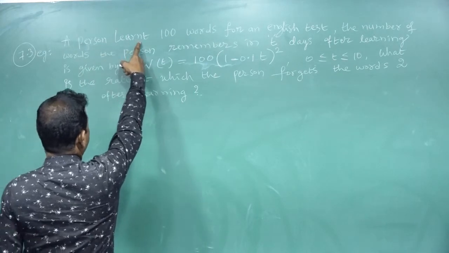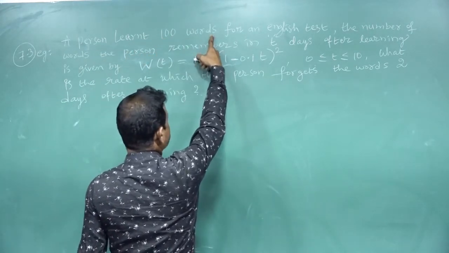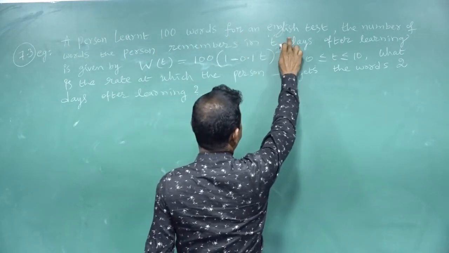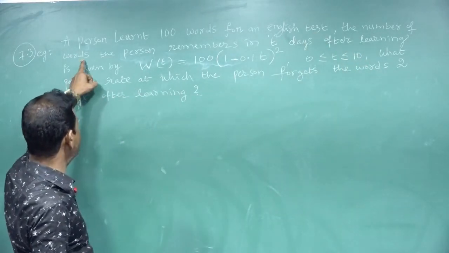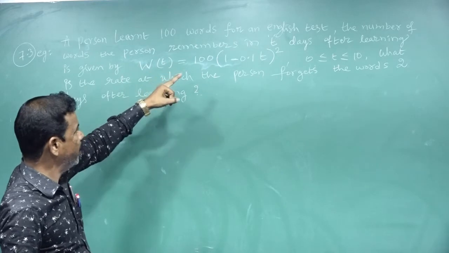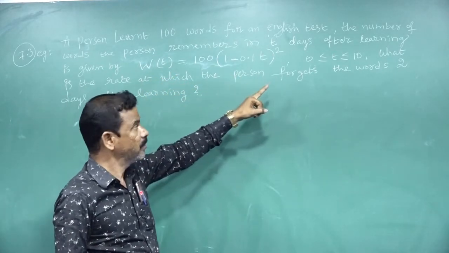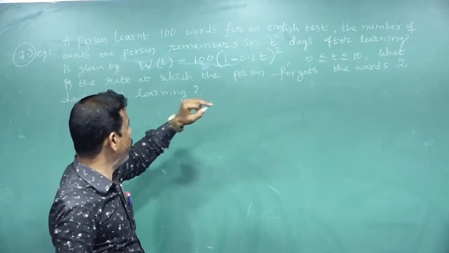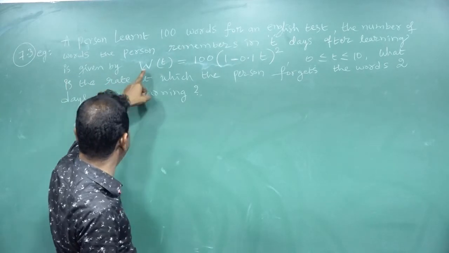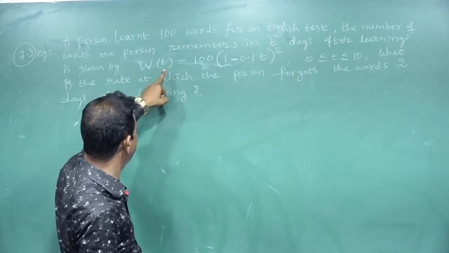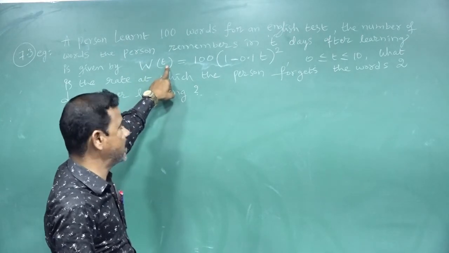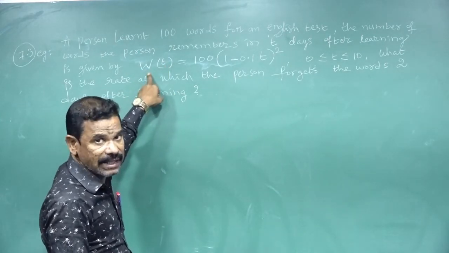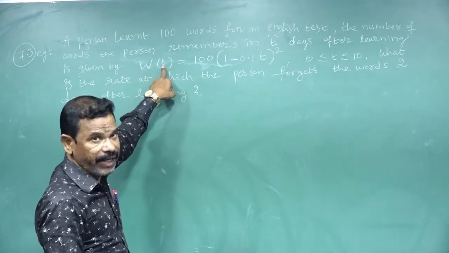A person learnt 100 words for an English test. The number of words the person remembers in 3 days after learning is given by W(t), where W is the words and t is the days. W words, t in days.